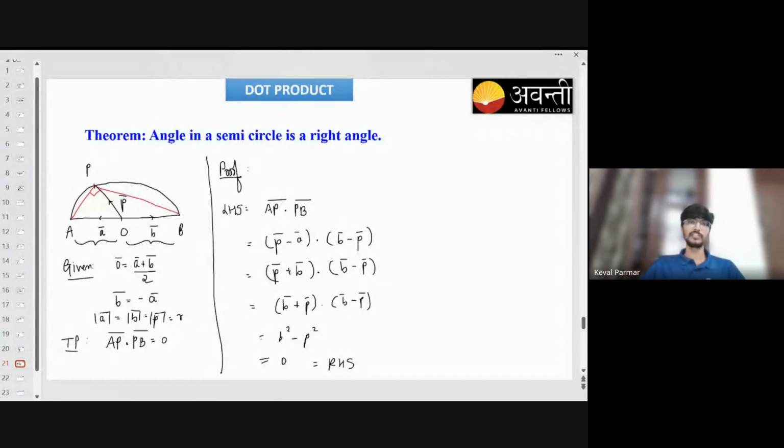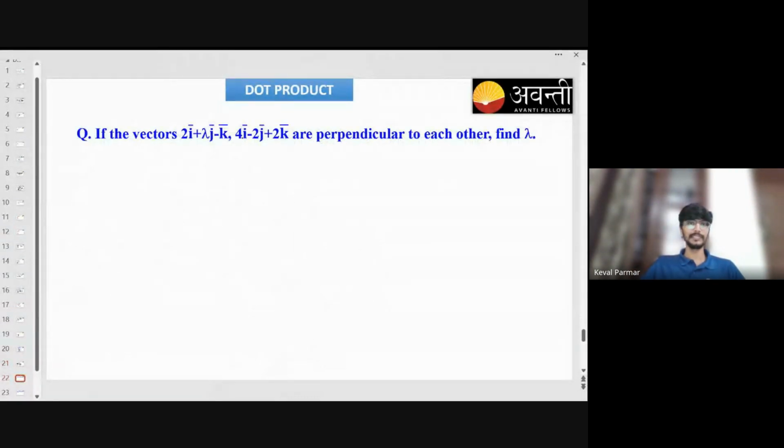Let's see the next question. If two vectors are perpendicular to each other, what does perpendicular mean? Perpendicular means dot product equals 0.